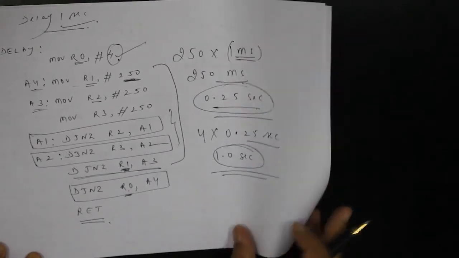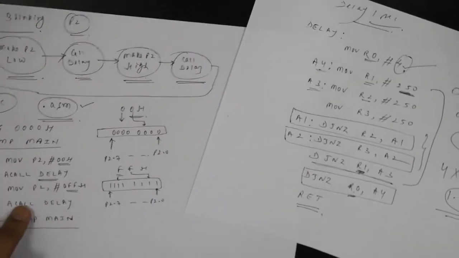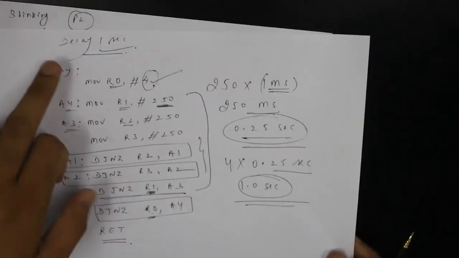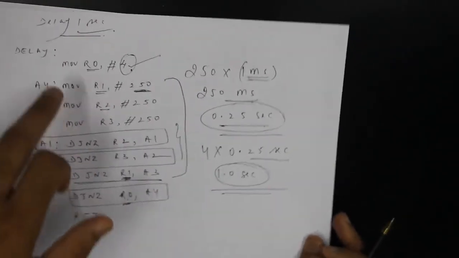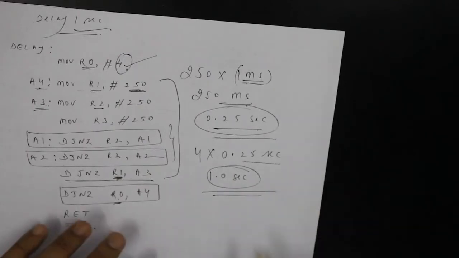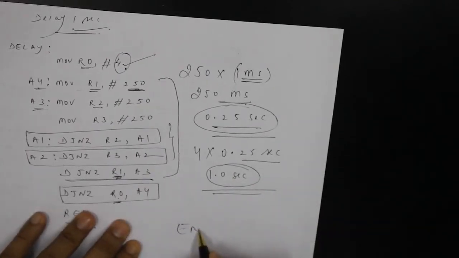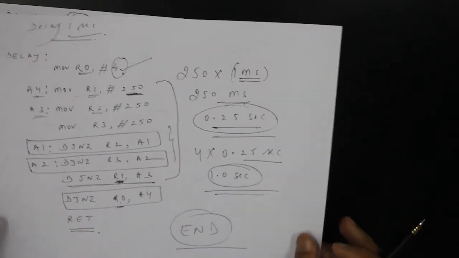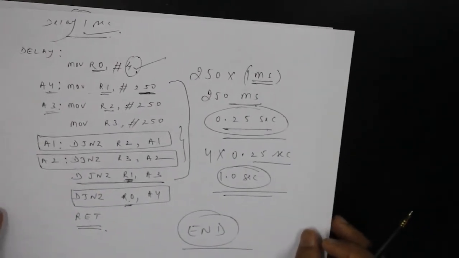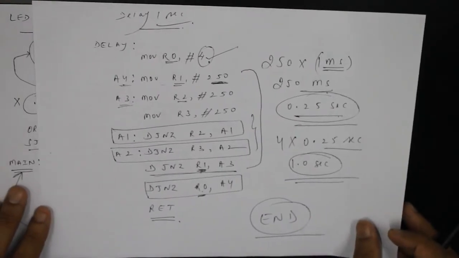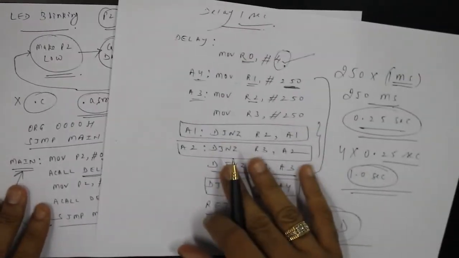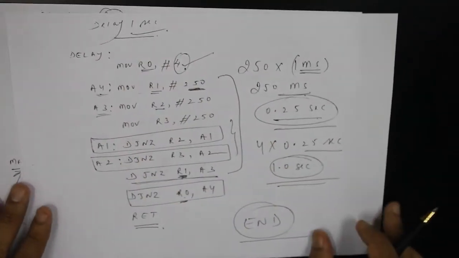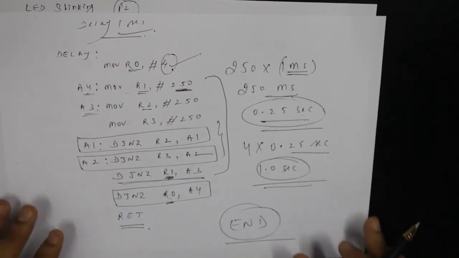And now when you see this code that we have created earlier, this is the delay function that we want to write. And the program has to be ended by using END at the last, because the program has to be written between ORG and END. So this entire program is going to be used for blinking the LEDs which are connected to port 2.